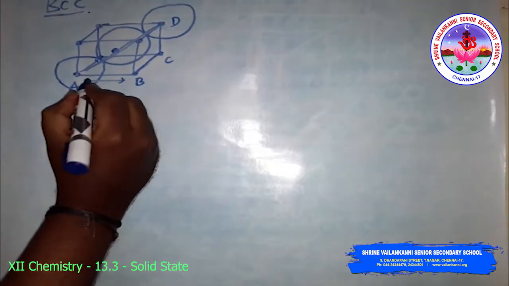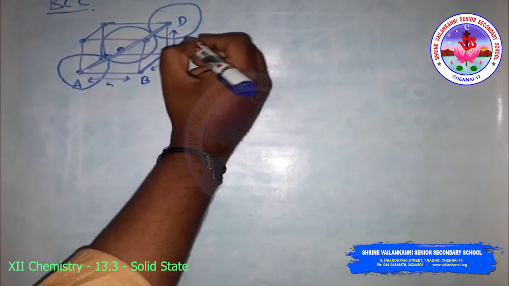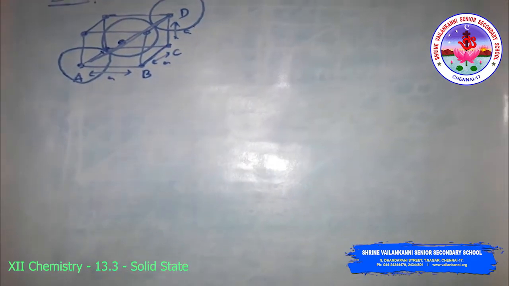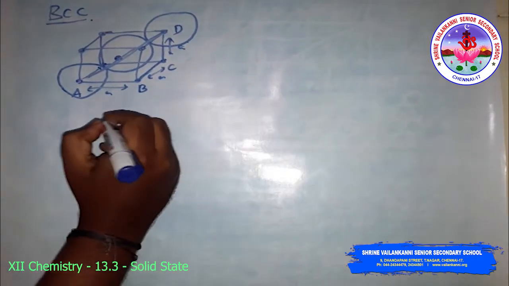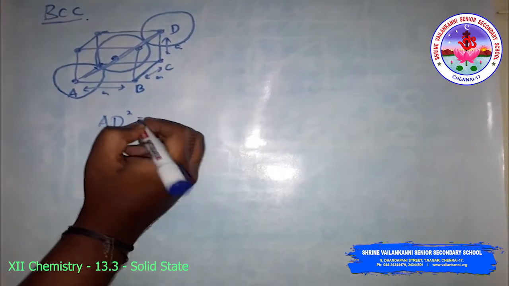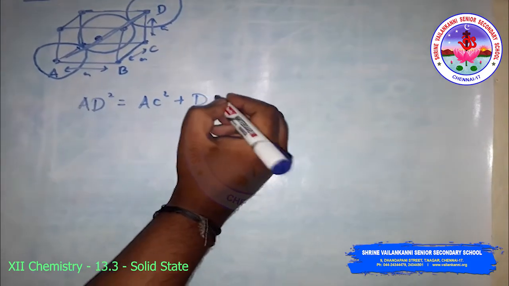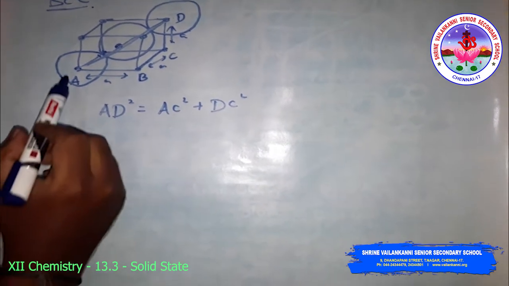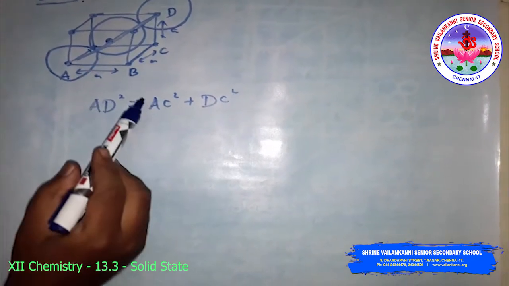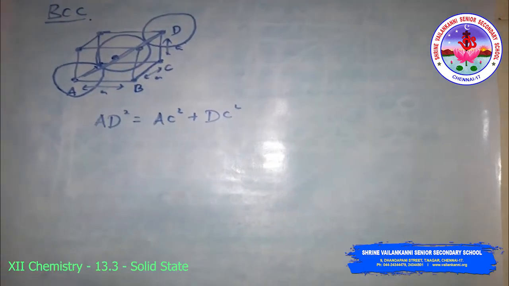This is the edge length A, and this is the edge length A, and this is the edge length A. See, according to the Pythagoras theorem, AD square is equal to AC square plus DC square.